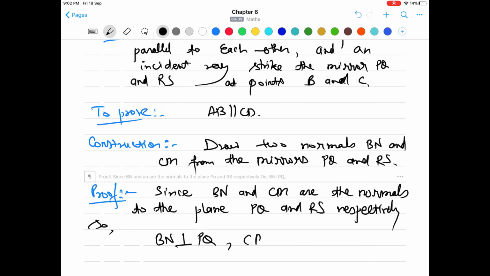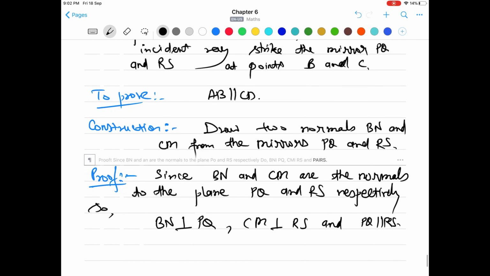Similarly, CM is perpendicular to RS, and we are given in the question that PQ and RS are parallel.